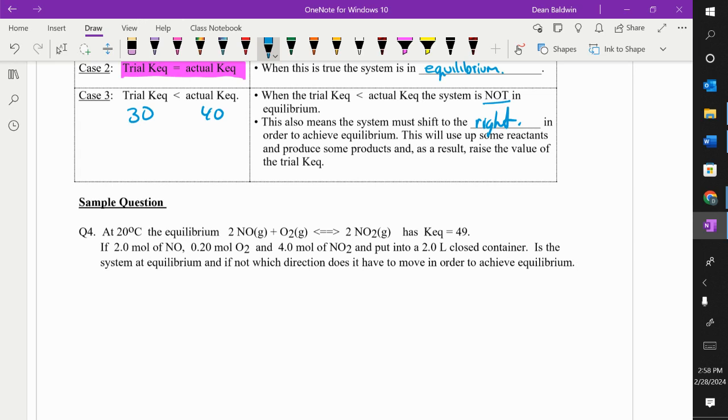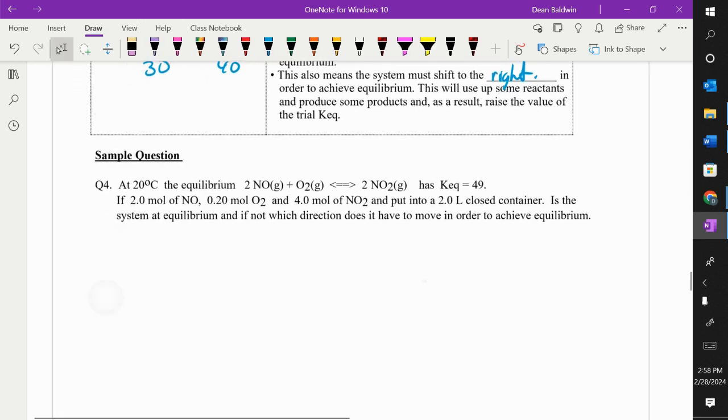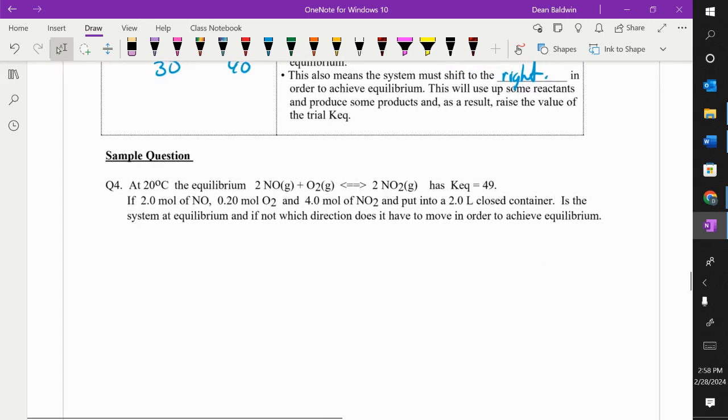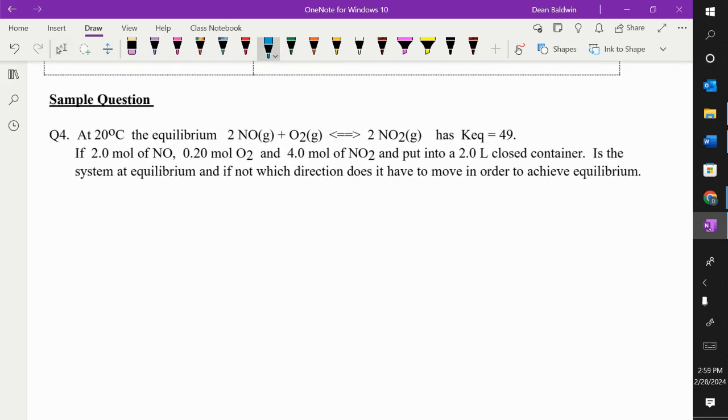Okay, what's the first thing we need to do? What's wrong with the information I gave you? It's not wrong, but you have moles and not concentrations, right? So we need to figure out concentrations. It's a 2-liter container, so basically just divide all the moles by 2. Nice and easy numbers.